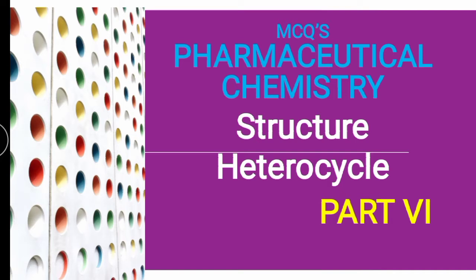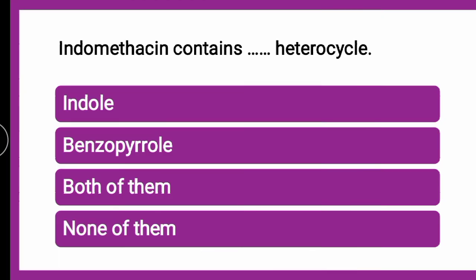So to start with the first question from part 6: indomethacin contains dash heterocycle. Whether indomethacin contains indole heterocycle, whether it contains benzopyrrole heterocycle, whether it contains both of them, or none of them.